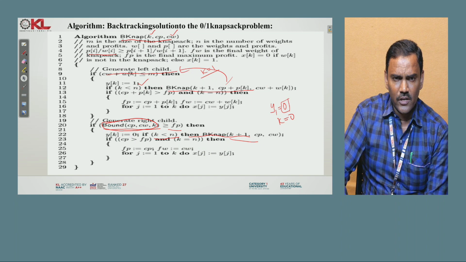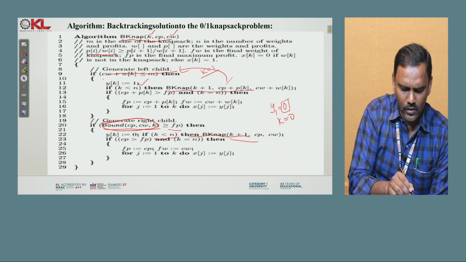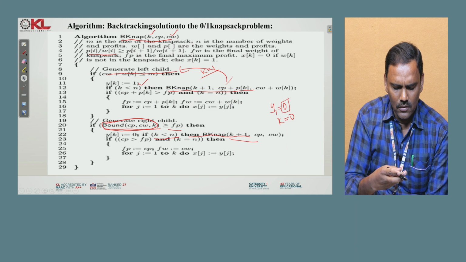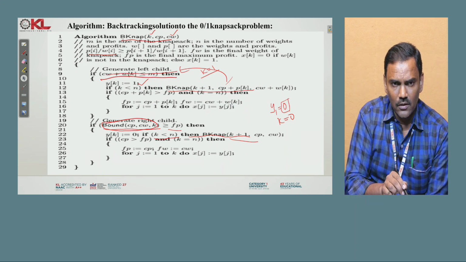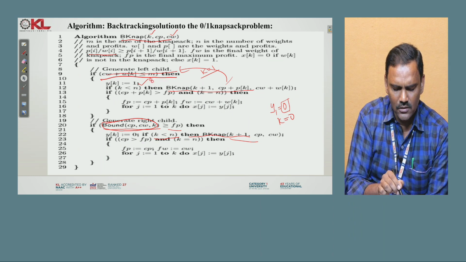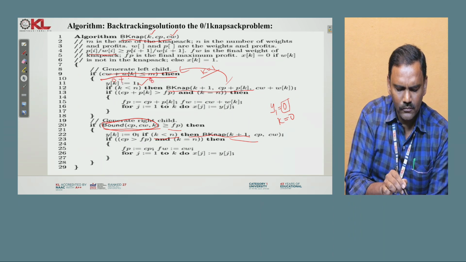Here we are generating the left child. We are checking the initial CW, 0, plus W of K. The capacity is going to be 8, and we are checking that the sum is less than 8. That means 0 plus the weight we are taking, which is 4.